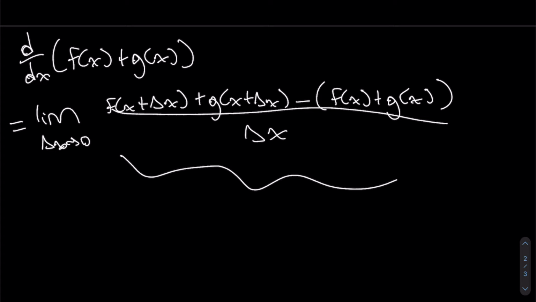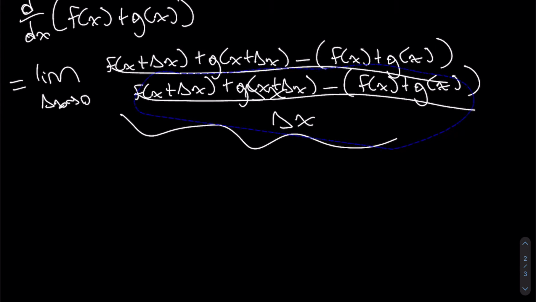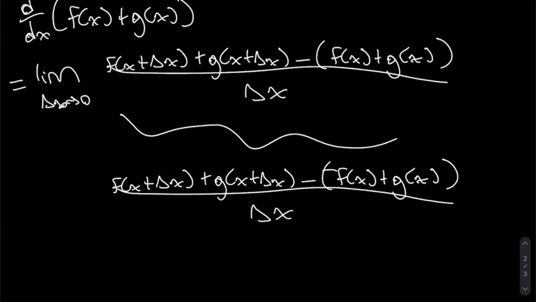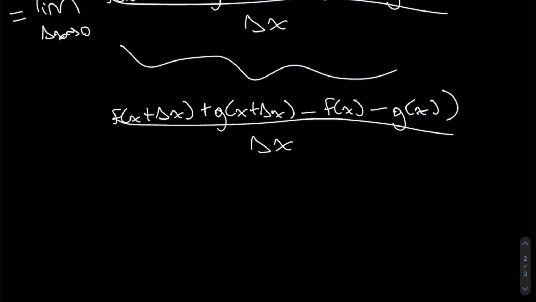So first of all, I'm just going to bring this negative inside. So that negative will come inside and it'll look like this. And you can see that if I just basically separate these terms, I'm going to bring the f with the f and the g with the g, and I'm going to separate them just like this.